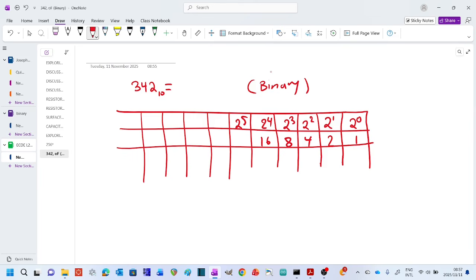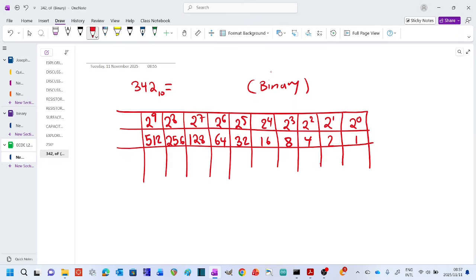Please use a calculator every time you're struggling. 2 to the power 5 is actually 32. 2 to the power 6 is 64. 2 to the power 7 is 128. 2 to the power 8 is actually 256. That will be correct, yes. And then 2 to the power 9 is actually 512. So what do you notice?